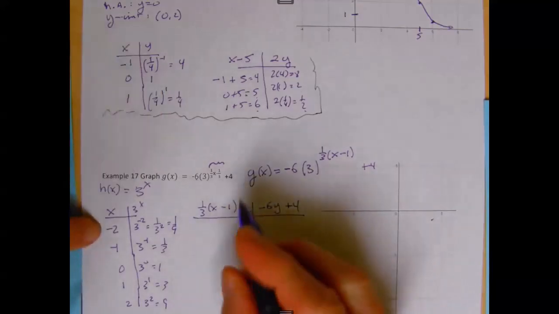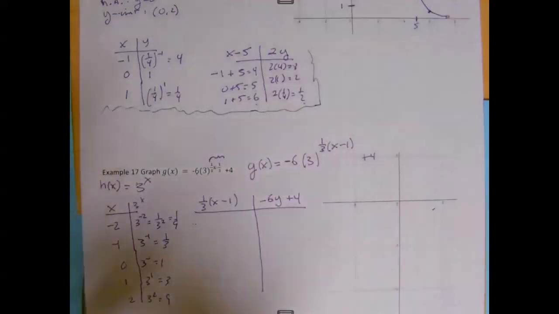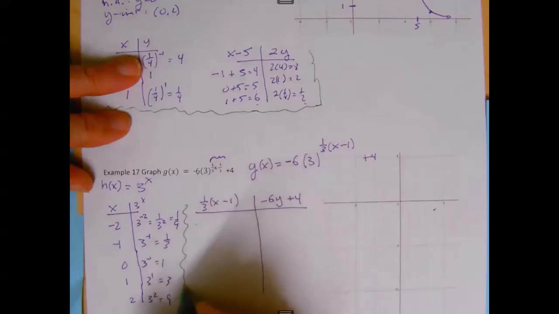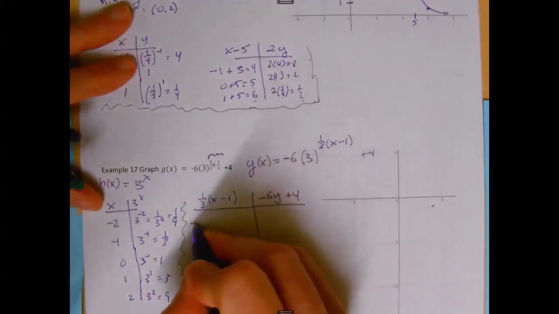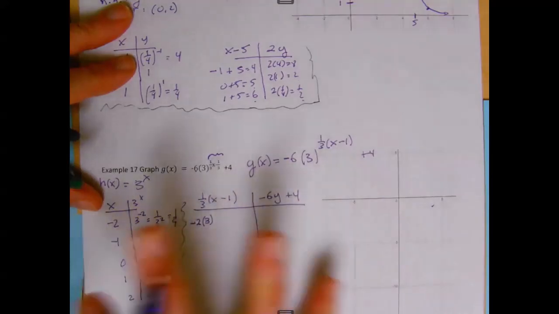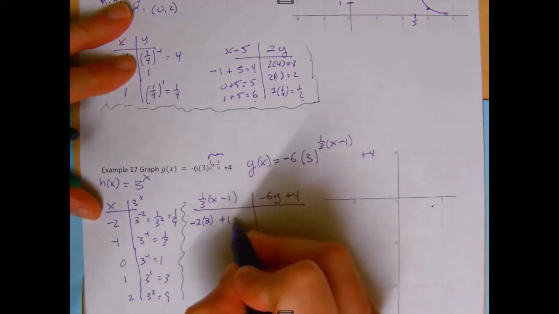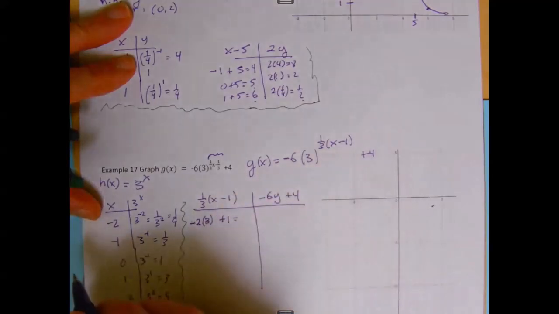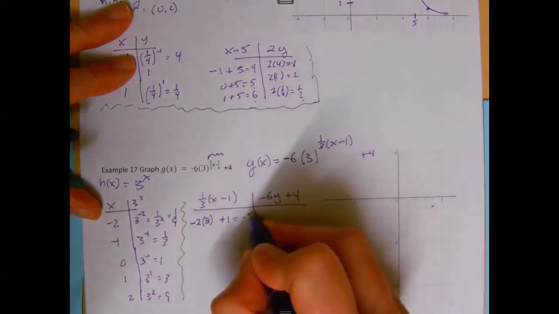So, for example, where does -2 go? -2 gets stretched by a factor of 3, and then I move 1 to the right. So I got -6, and -6 plus 1 is -5. Good.